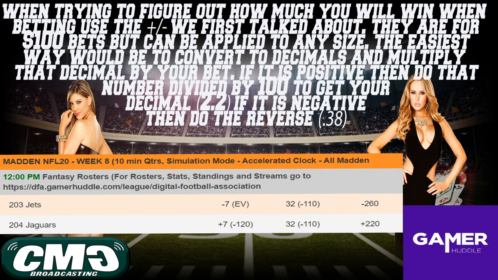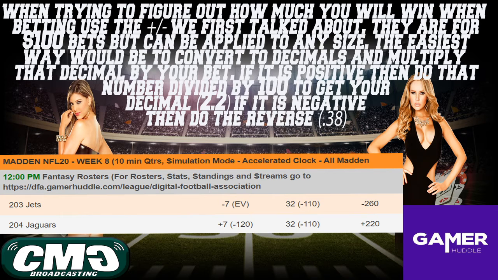That's where you're going to see that 2.2 decimal in parentheses. And if it's negative, we're going to do it in reverse. So that minus 260, instead of dividing by 100, we're going to take 100 divided by that. So 100 divided by 260 gives us that 0.38 decimal that we've got there.